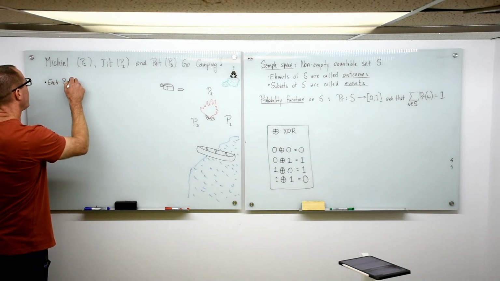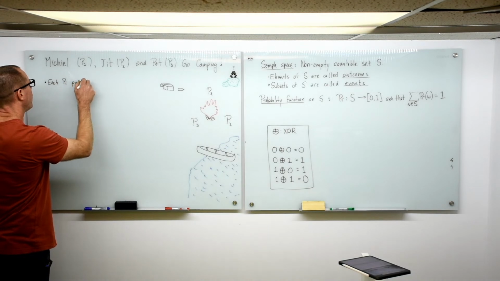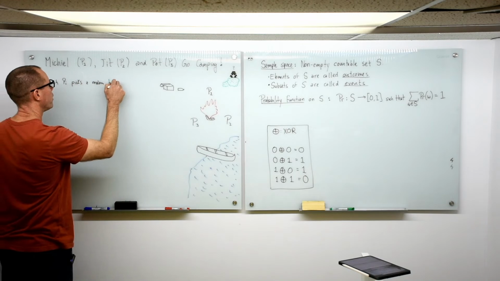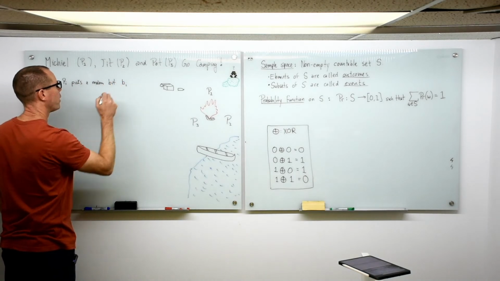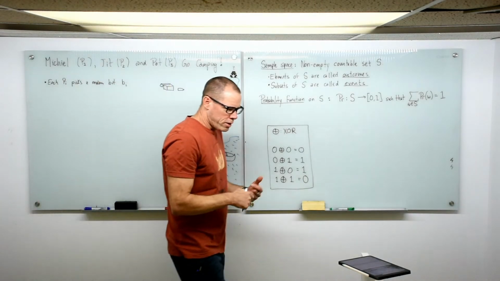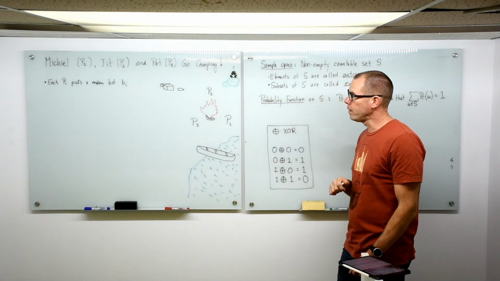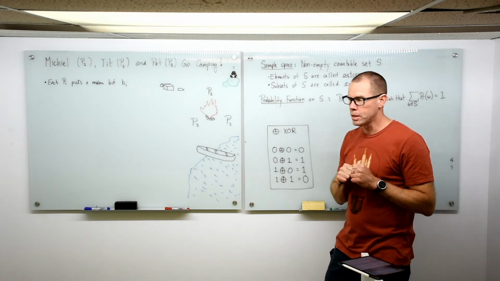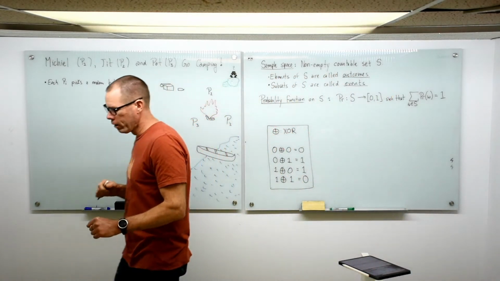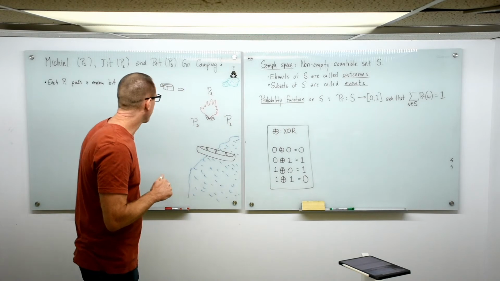Each Pi picks a random bit Bi. Okay? So each of them tosses a coin, and that gives them a 0 or a 1 that they keep to themselves. Okay? So this is a secret. Well, it's a partial secret.